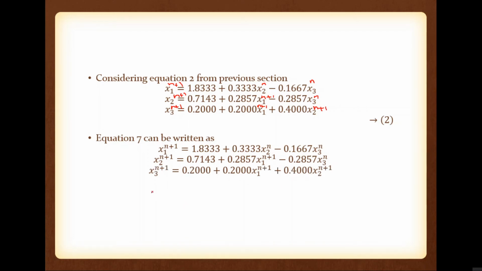Third one is x3n plus 1 is equal to 0.2 plus 0.2 x1n plus 1 plus 0.4 x2n plus 1. So note this equation. So I think you can simply replace x2 with x2n, x3 with x3n like that way. There is no need to write it again. Okay. So anyway, this one is the equation that we are going to use for iterative purpose, right?